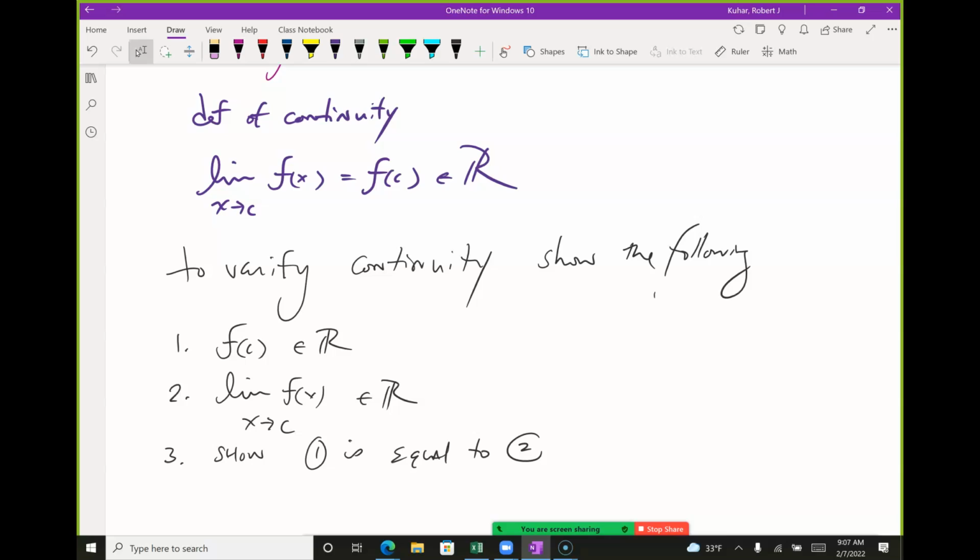If you plug in and you get a 0 over 0, or you get infinity, some number over 0, knowing that, almost all the ones on the test are just going to be discontinuous. You'll see the type of problem I'm giving you, like in section 2.4, number 33 and number 35.